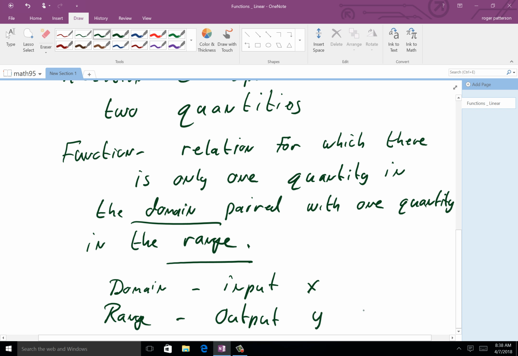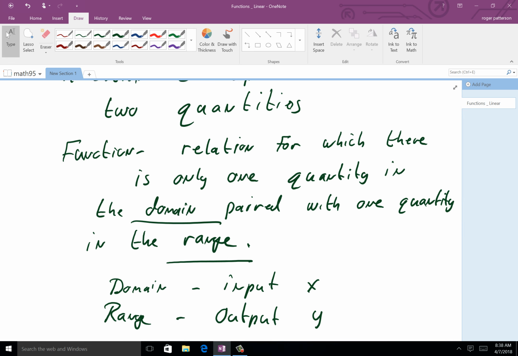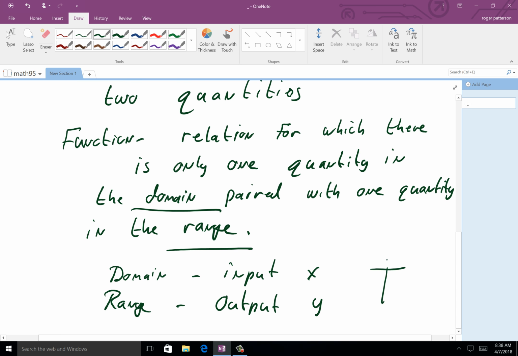Okay? So the plumber deal works because the time is the input. Okay, so that's my domain. And the dollar is the output, which is the range. And that's why that works.